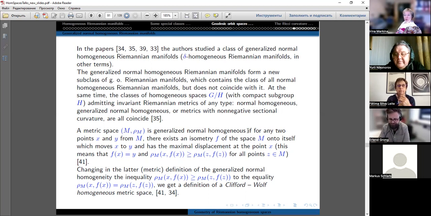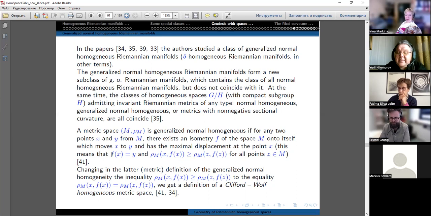It's equivalent. If for any two points x and y from M, there exists a self-isometry f of this space, which moves x to y and which has the maximal displacement exactly at the point x.